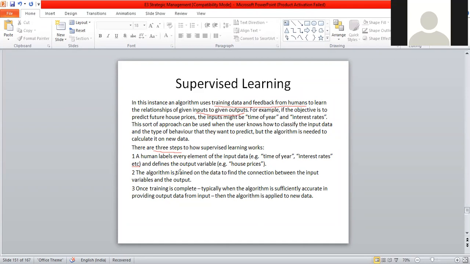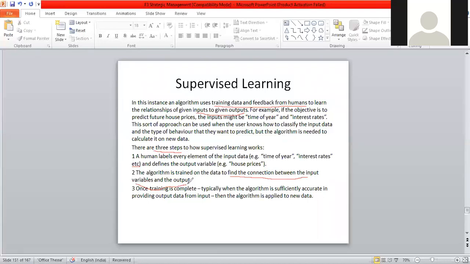Then an algorithm is trained on the data to find the connection between the input variables and the output. So whatever is the command to find out the relationship between an input and output is also given by the human beings. Therefore, accordingly, the machines perform.